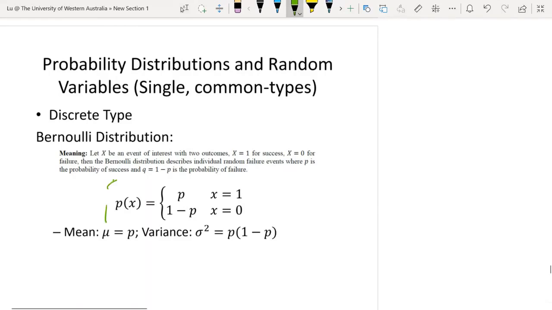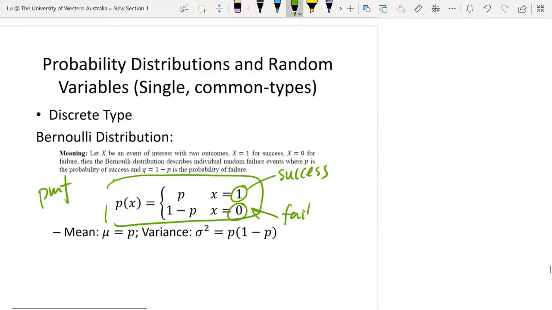This is the PMF of the Bernoulli distribution. It has only two possible values, 1 or 0. Of course, how you translate 1 and 0 into physical meanings is up to you.